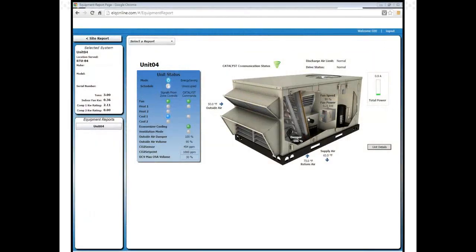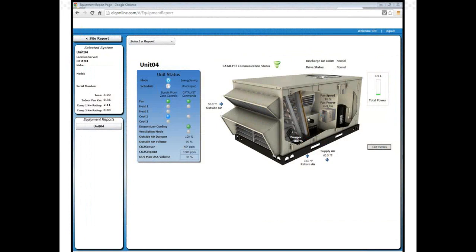This is a little bit of an outdated picture of their website, but this is the kind of information you can get from their web page looking at how the units are running. It'll show you return air, supply air, and it'll tell you the outdoor air temperature and what the damper was doing.